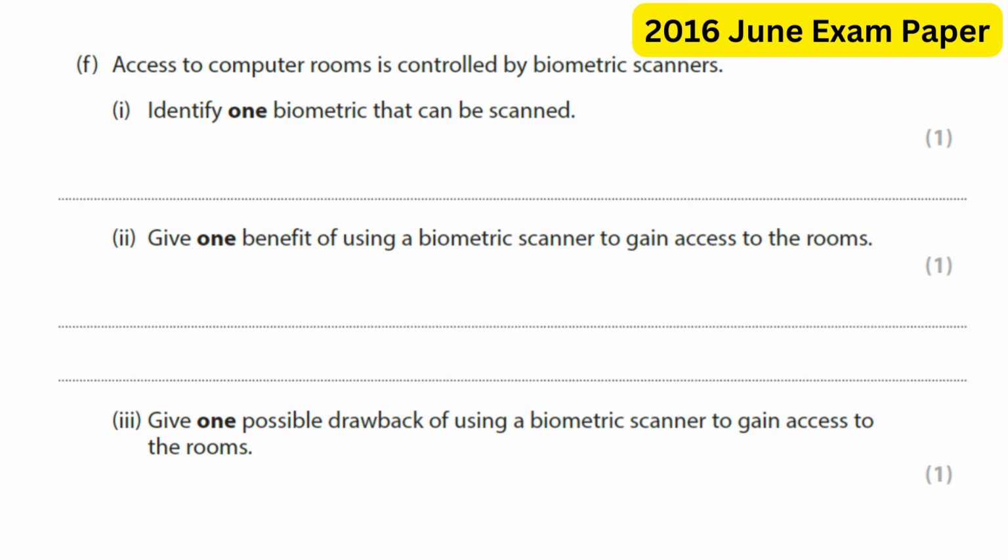Third one, give one possible drawback of using a biometric scanner to gain access to the rooms. Sometimes the technology is not always accurate. Let's say a fingerprint, if you put it at a different angle, it might not work, and there could be system failures so that you won't be able to access with your biometrics.